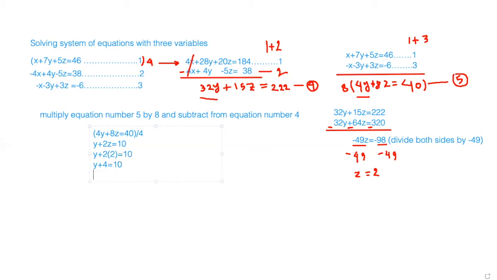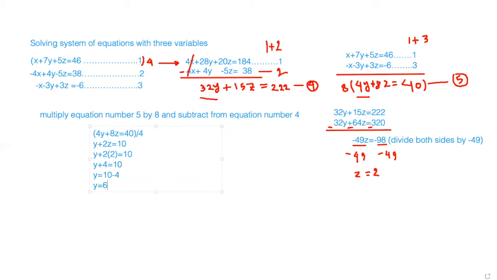Now we move 4 to the other side by making it negative. Then y equal to 10 minus 4. So y value equal to 6. Y equal to 6. So we got our y and z.